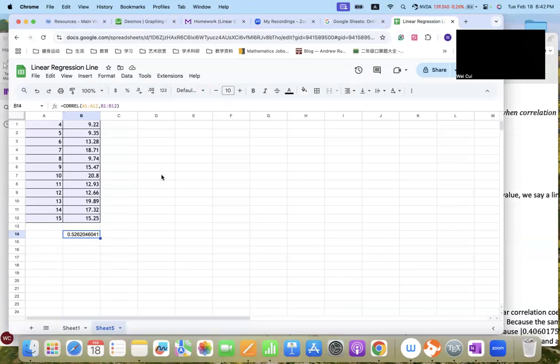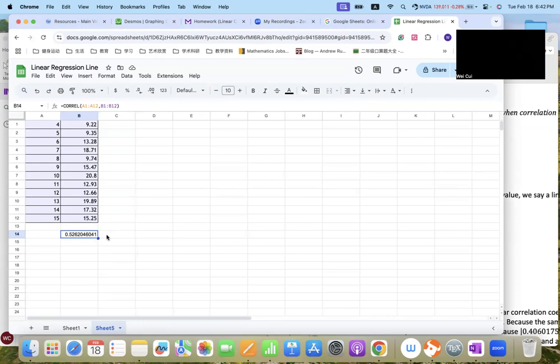I'm using the Google Sheet because it is available to everyone. Some of you use Windows, some of you use a MacBook, but Google Sheet is available to everyone. Everyone can access this tool.